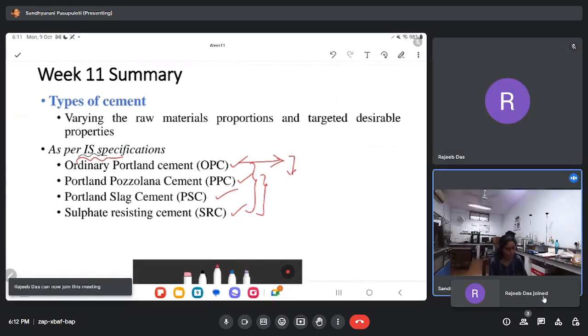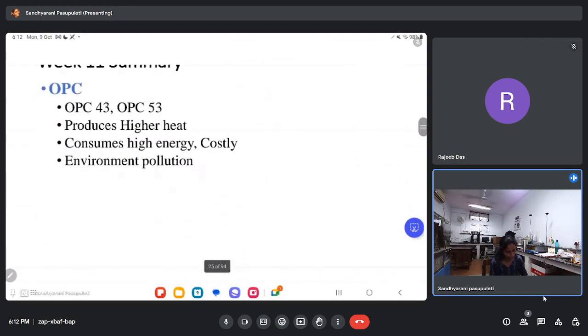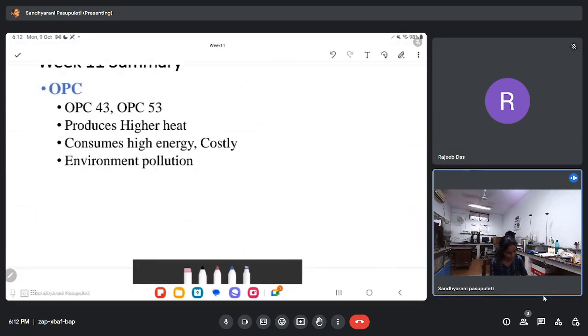So based upon the proportion of the remaining materials, our kind of cement would be named differently, as mentioned here. In general in India we have two types of ordinary Portland cement, OPC 43 and OPC 53.